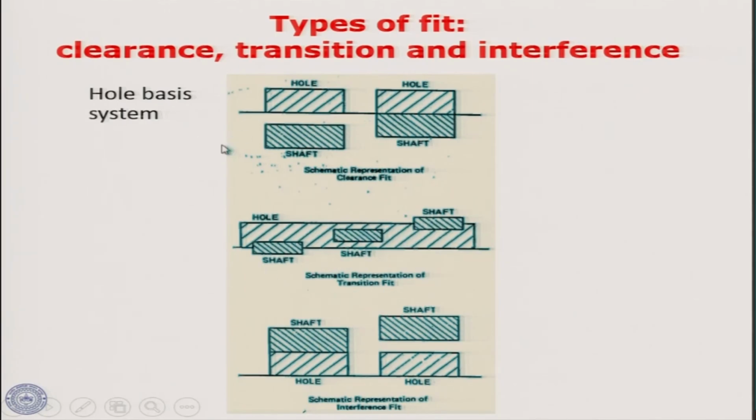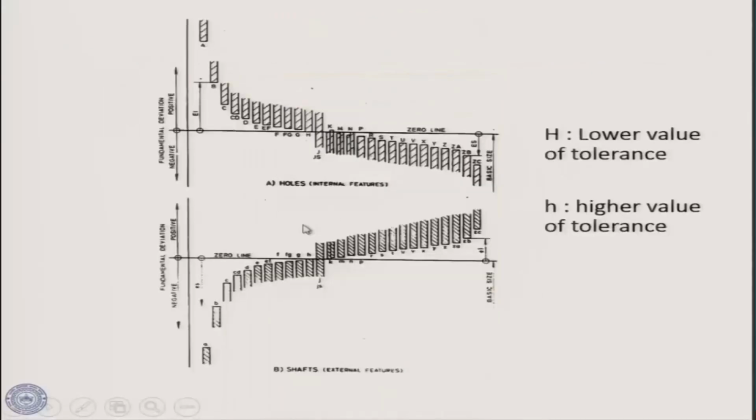So, this is all in the hole basis, because once again I would like to repeat that in the hole basis the hole diameter is fixed, and then depending on that you adjust the shaft diameter, that is the idea. Here is the system, this is given in more detail. So, these are the internal holes, and this is the shaft, the external feature.